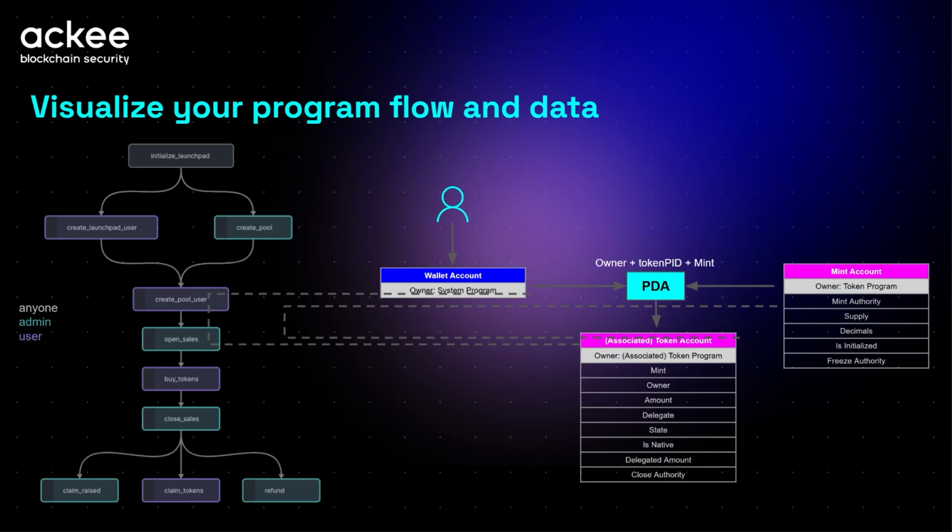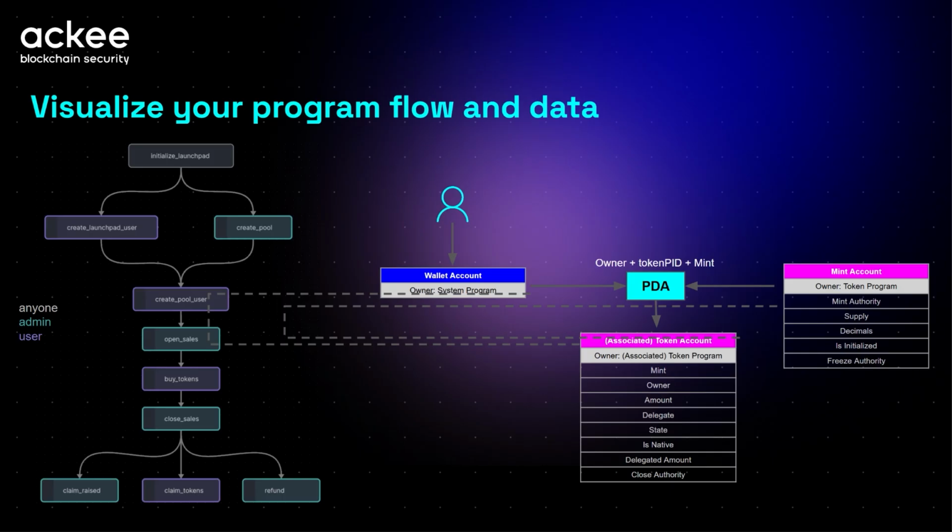You can also test it, for example, in your tests. Also important is the flow and the sequence of the instructions, because you can directly see here that, for example, you cannot claim tokens before a sale is closed. This is also very good for testing, to have some visual clue, because then you can directly see that you should test that tokens cannot be claimed before the sales are closed.